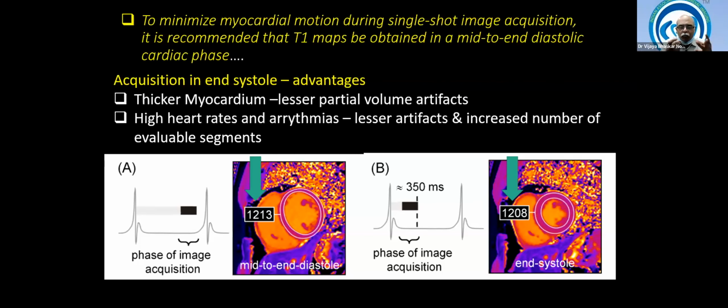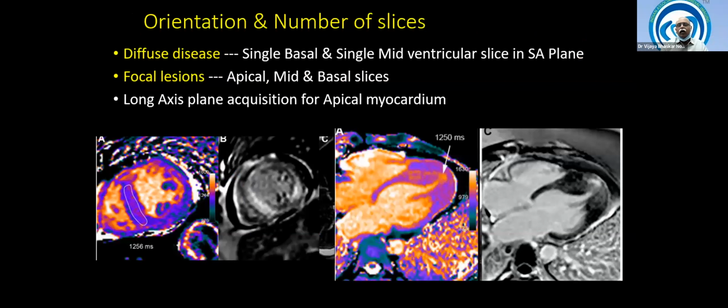Because of the mapping advantage and also the ROI drawing advantage, it's better to acquire in systole in high heart rate variation and in arrhythmias. You can always modify. Talk to your site engineer, talk to your application specialist, and he'll tell you how to acquire systole and diastole.